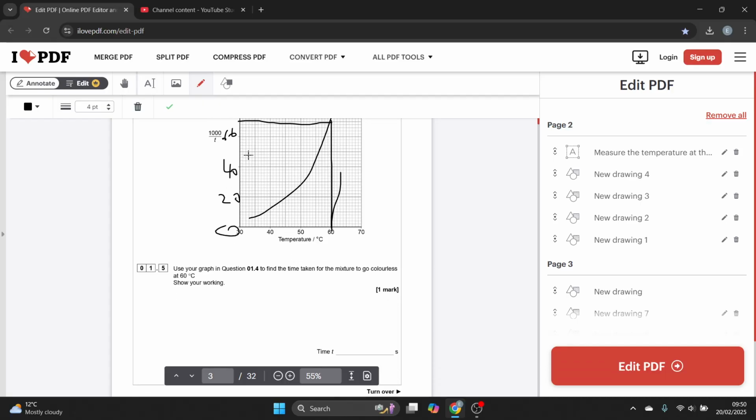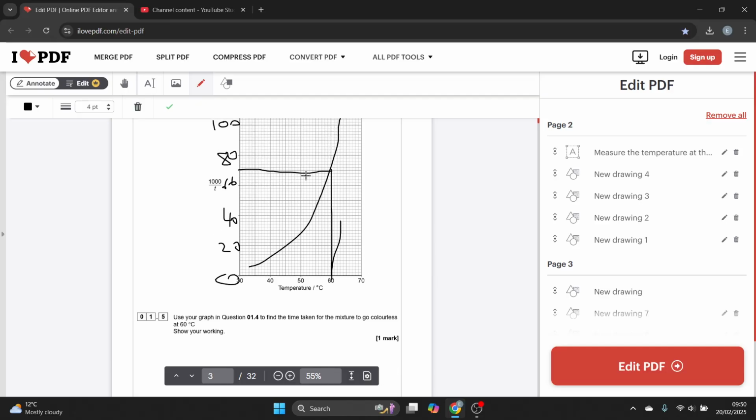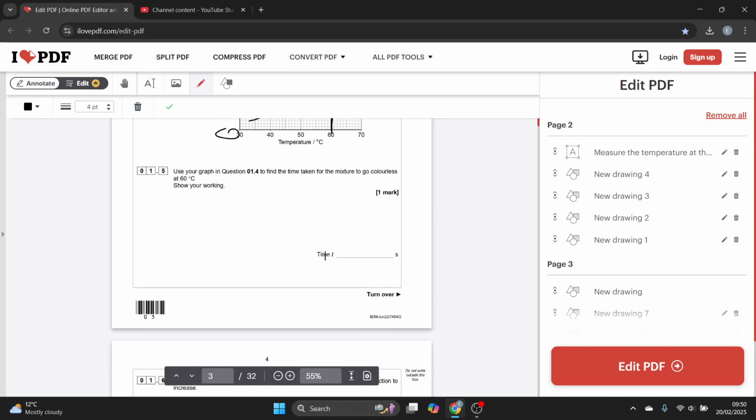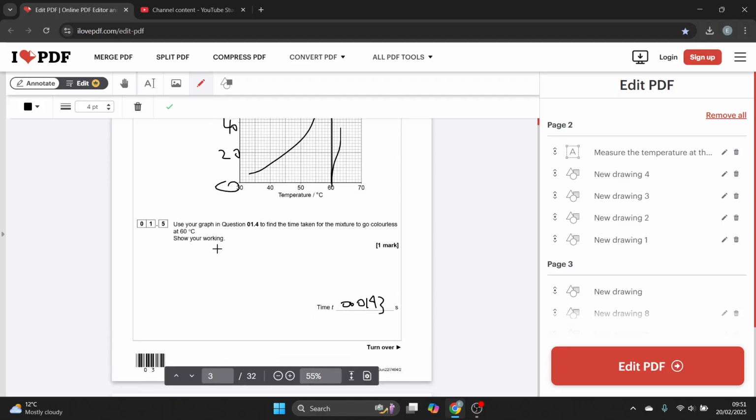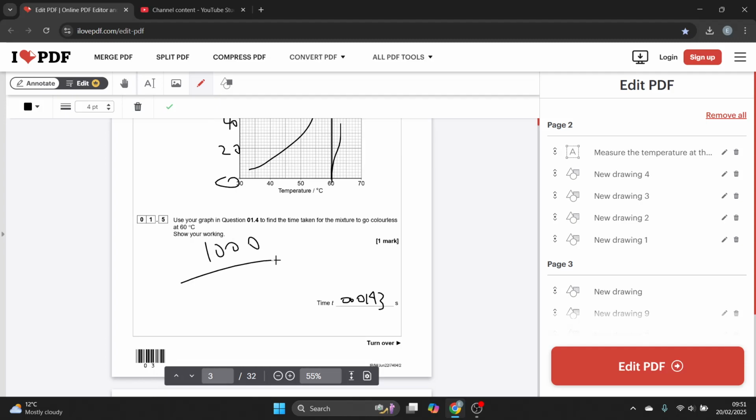So then 1 divided by 70, I got 0.0142, because 1000 divided by the value here is around about 70. So 0.0143 seconds. But as long as you show that there and then show 1000 divided by the value, you should get the mark.